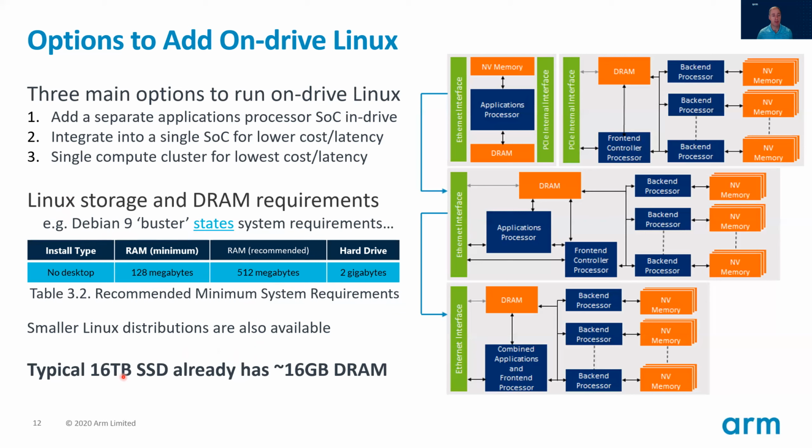If we take a typical 16 terabyte SSD with 16 gigabytes of DRAM, we're using less than 5% of that for the Linux operation. And of course, we've got 16 terabytes of storage, so using 2 gigabytes is also quite small in the grand scheme of the overall storage capacity.